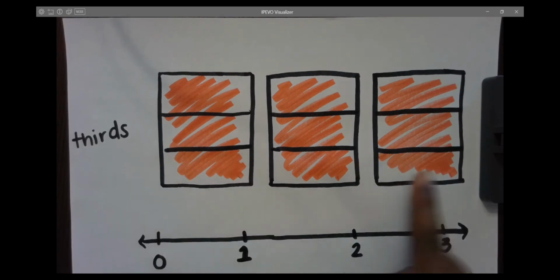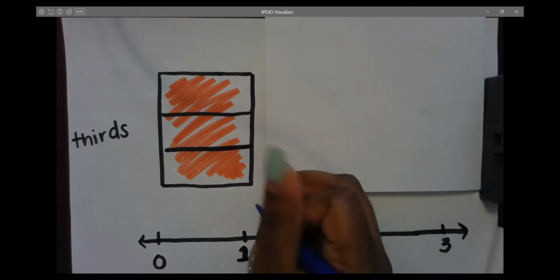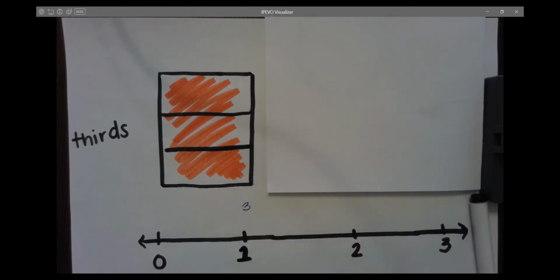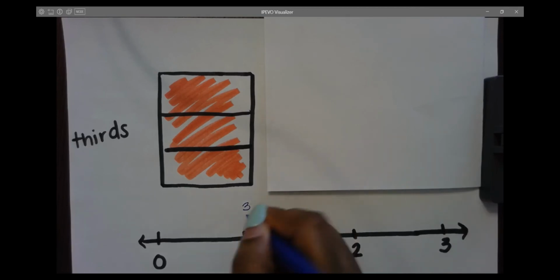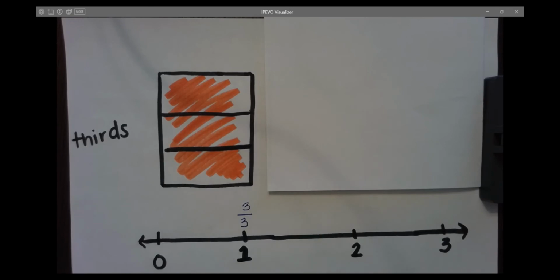Look at your picture. If here we have 1 whole, how many pieces are shaded? And what's our denominator? We have 3 pieces that are shaded and 3 pieces that our shape is being broken up into. So 1 whole is the same as 3/3.